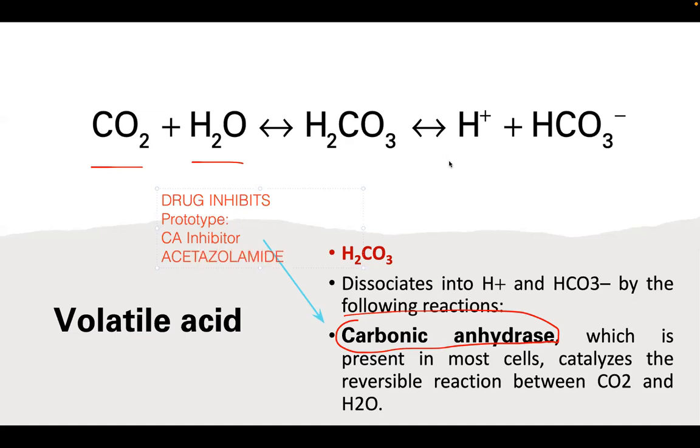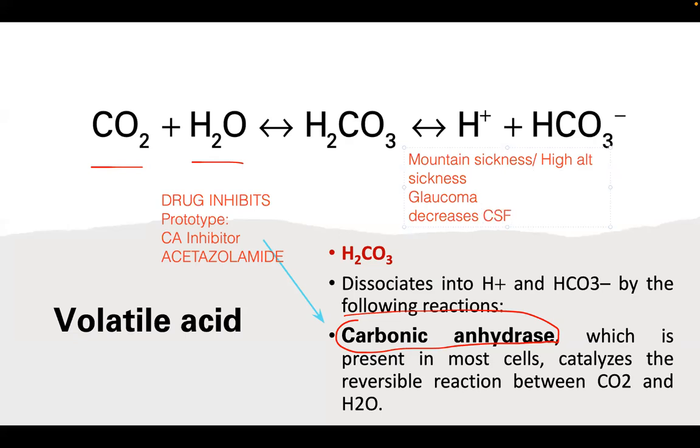acetazolamide. Now, memorize by heart that acetazolamide is used to treat mountain sickness, or what we call high altitude sickness. It is also used to treat glaucoma, and it also decreases CSF production.